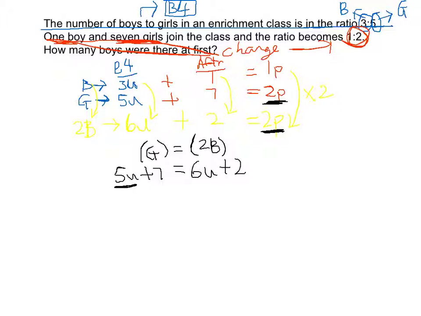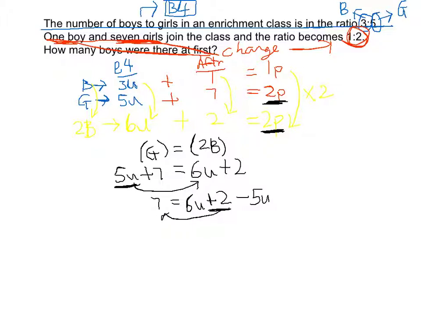So if I'm going to move this 5 units to this place, which I'm going to do now, I have 7 equals 6 units plus 2, everything remains. Instead of plus 5 units, I'll have to change it to minus 5 units. Next I'm going to shift this plus 2 to the other side, across the equal sign.